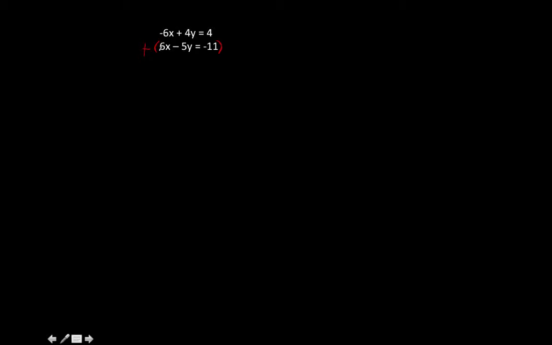So minus 6x plus 6x goes to nothing. So that part gets eliminated right there. 4y plus minus 5y is minus y. 4 plus minus 11 is minus 7. So y is 7.